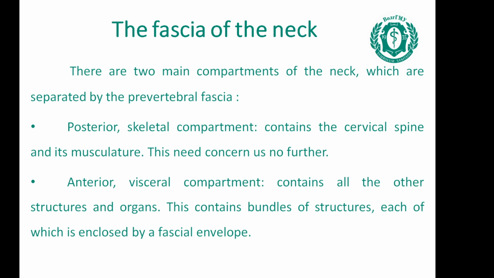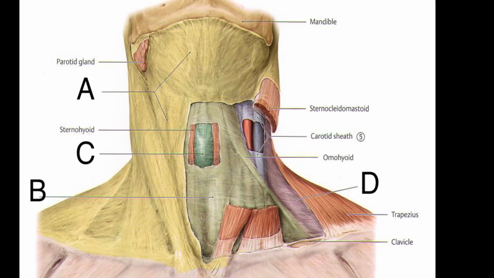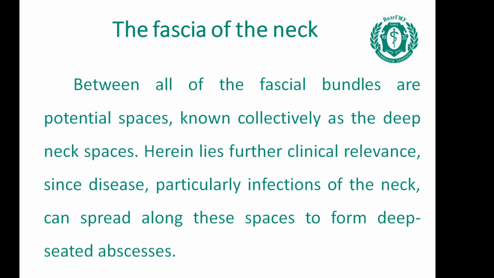This contains bundles of structures, each of which is enclosed by a fascial envelope. Between all of these fascial bundles are potential spaces, known collectively as the deep neck spaces. Herein lies further clinical relevance, since disease, particularly infections of the neck, can spread along these spaces from deep-seated abscesses.